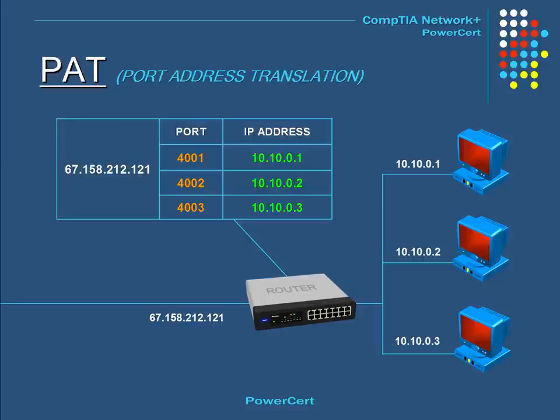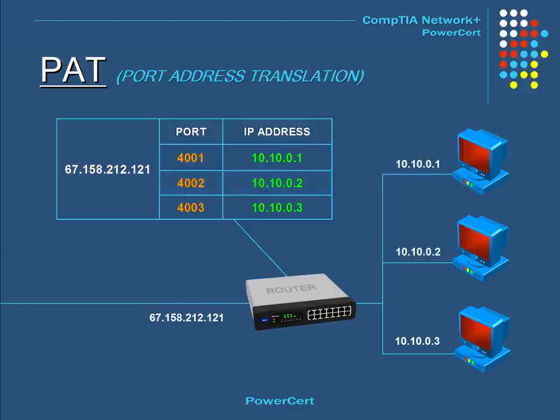Another version of network address translation is called PAT, which stands for Port Address Translation. Now this translates IP addresses based on port numbers. Each computer in a private network is issued not only a unique IP address, but they are also issued a unique port number.